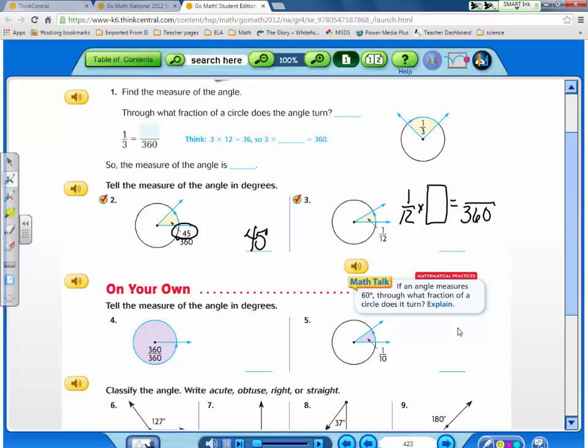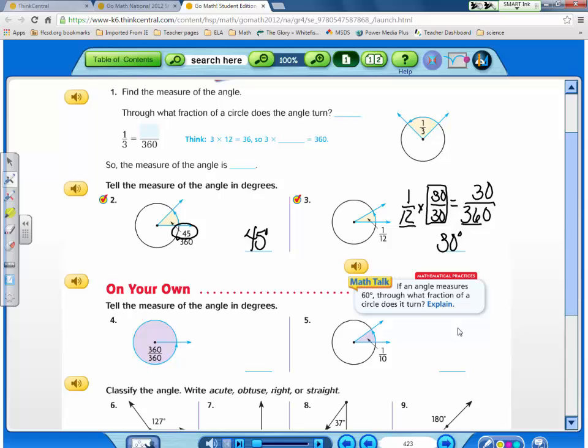Well, again, I can use my basic facts. 12 times what is 36? 12 times 3. So I have a 0, so it's 12 times 30. And what I do to the denominator, I do to the numerator. So 1 times 30 is 30. So that tells me that there are 30 degrees out of the 360 shown with this 1/12 fraction.